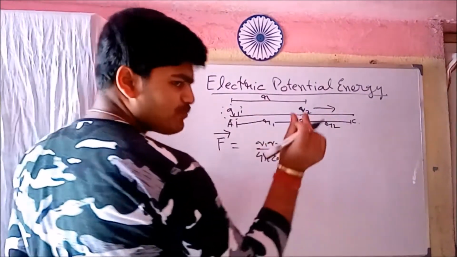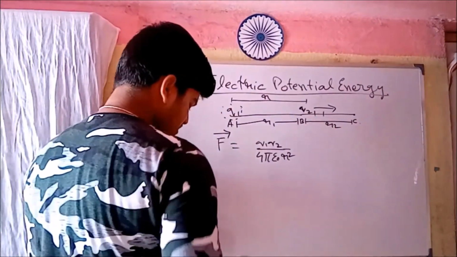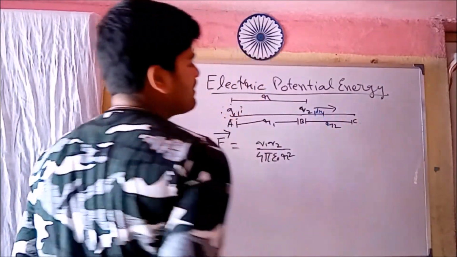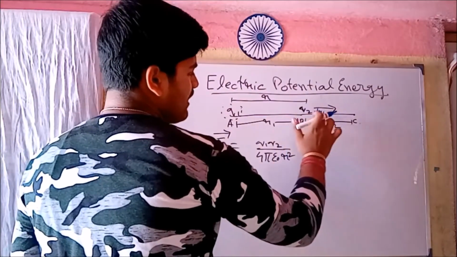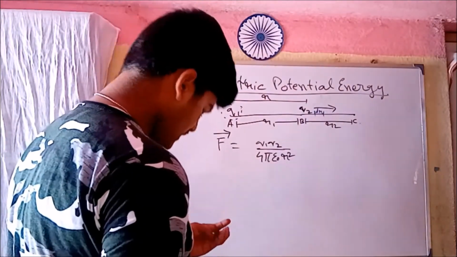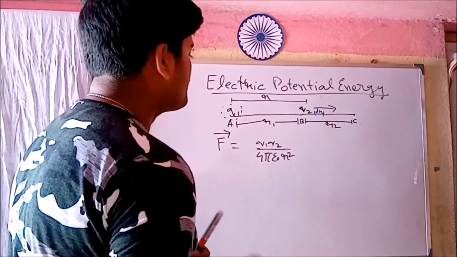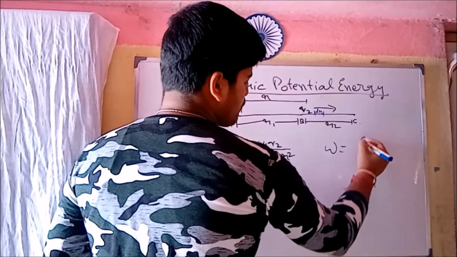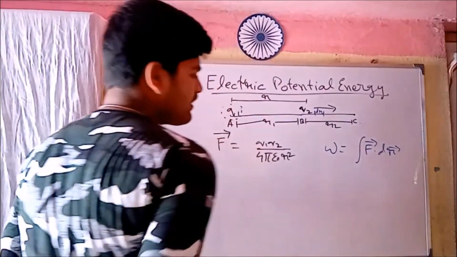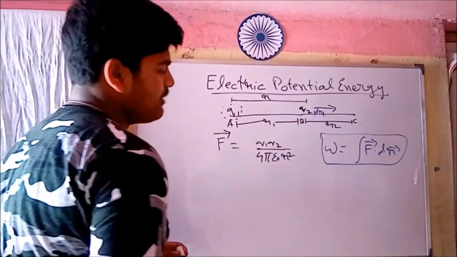So let us consider a very small displacement of Q2, which I write in blue as dr. The work done will be the integration of F vector dot dr. This is the very fundamental formula for the work done by any body.